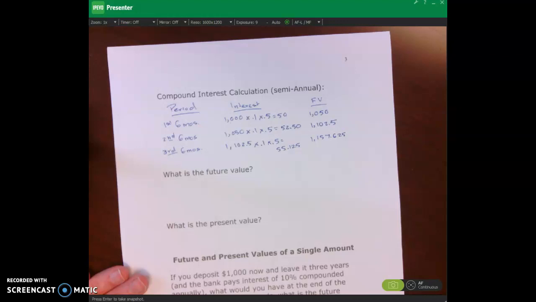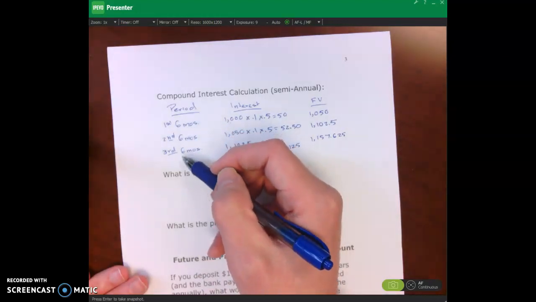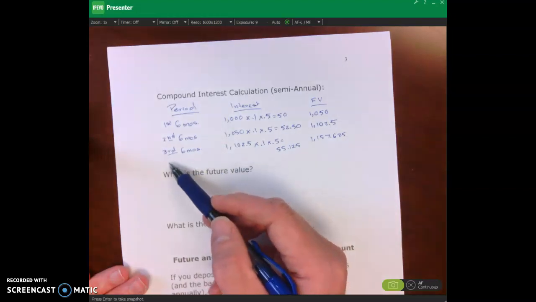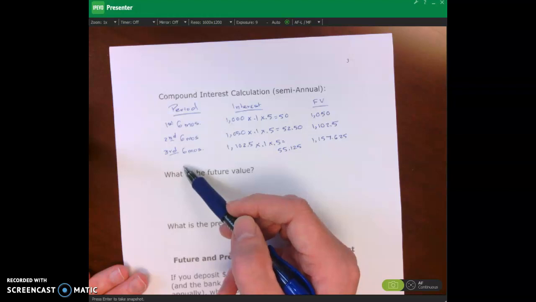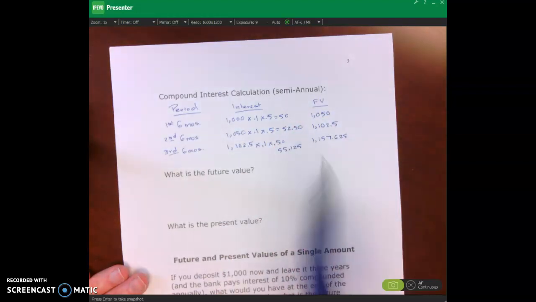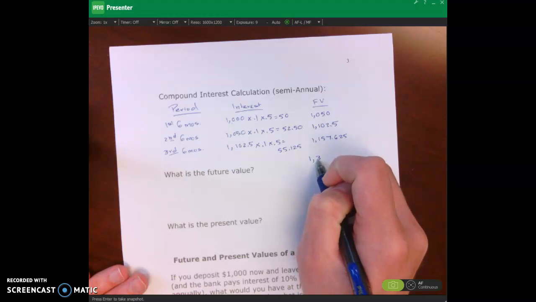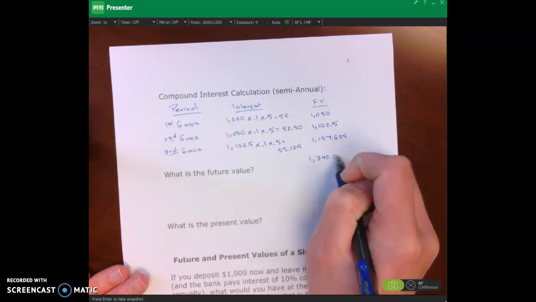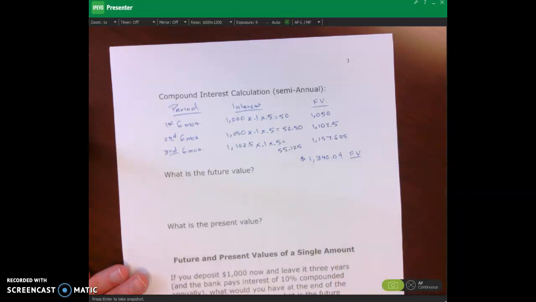Then I continue this all the way through 3 years. You would have some more periods here, a total of 6 periods. At the end, I would encourage you to do that to check your work. That should be your total future value right there.